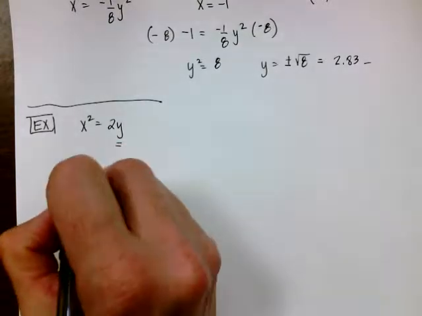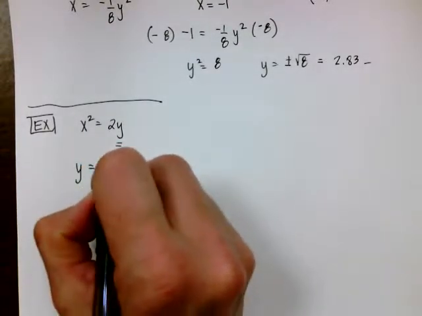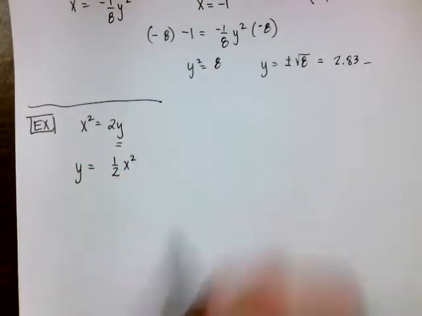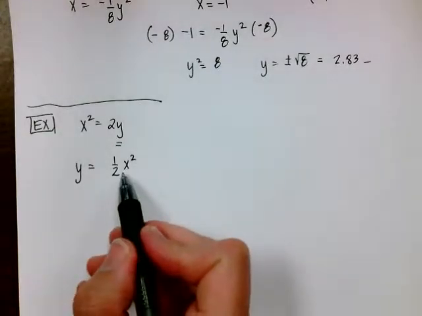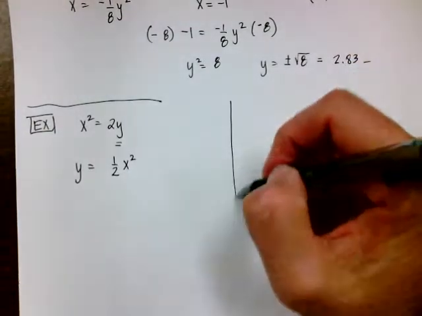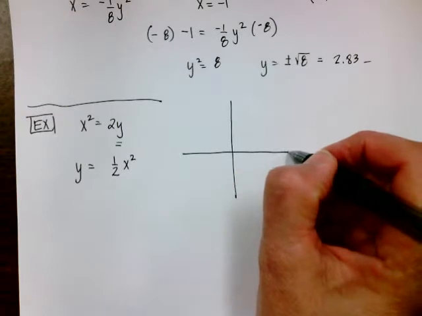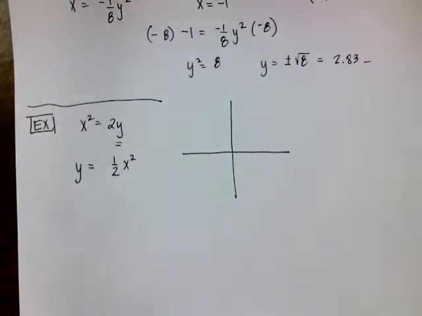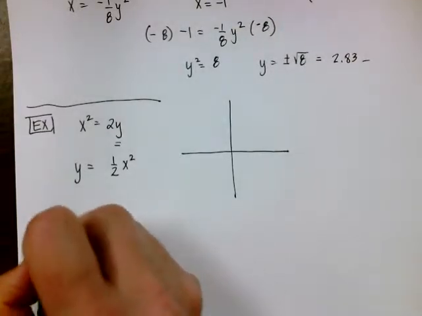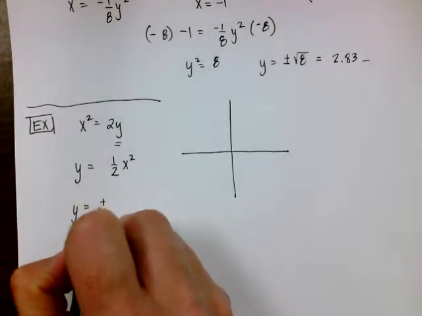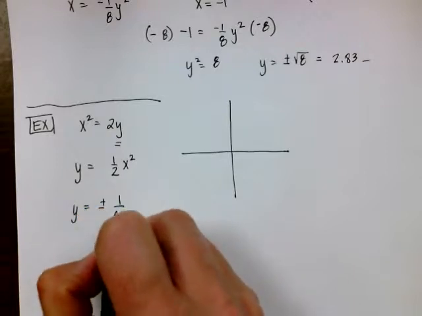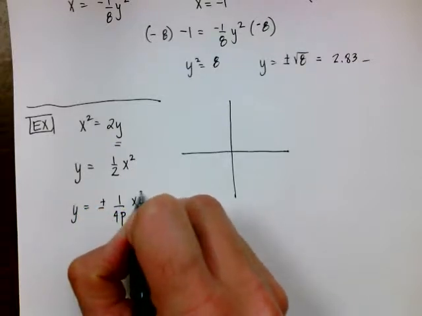So if I divide both sides by 2, I get y is equal to 1/2 x squared. I know that this is a parabola going up, which is really quite helpful. So then if I go back to my original equation that I gave you in your notes, I know that y is equal to plus or minus 1 over 4p times x squared.